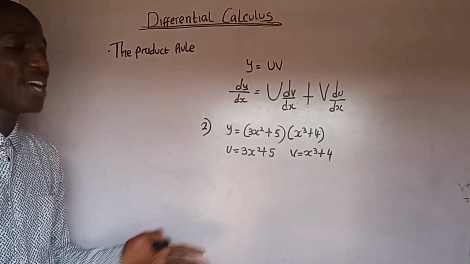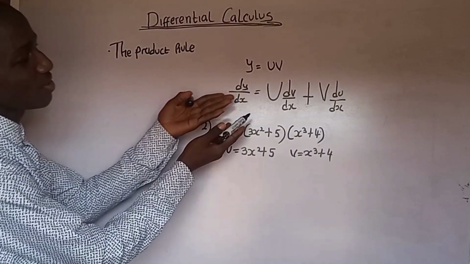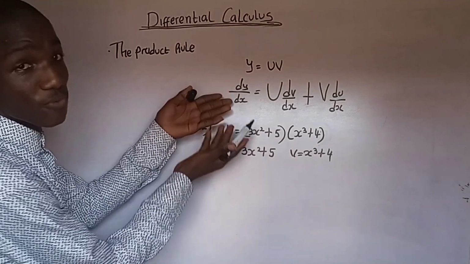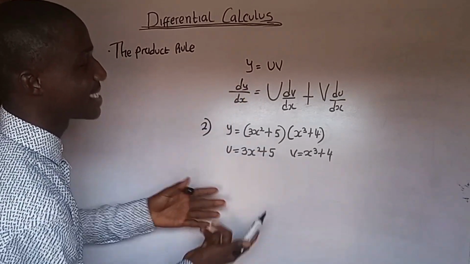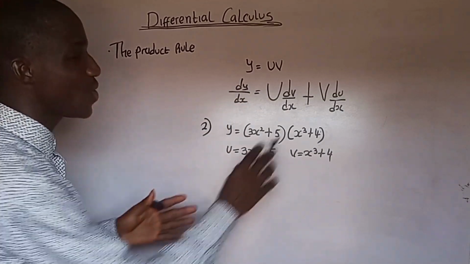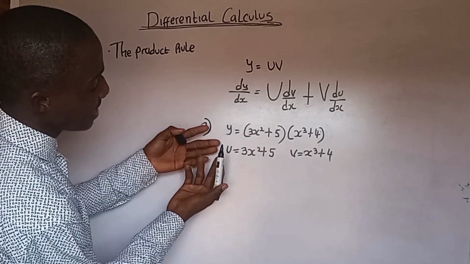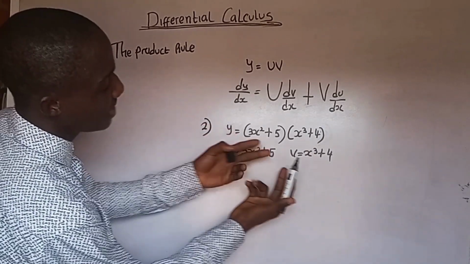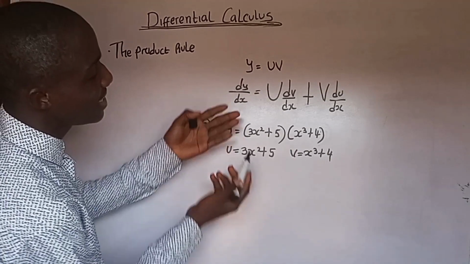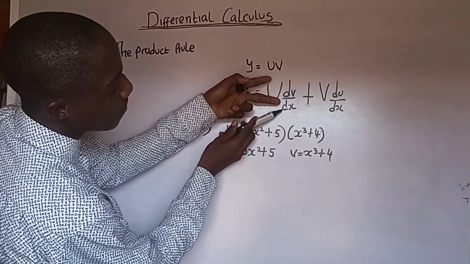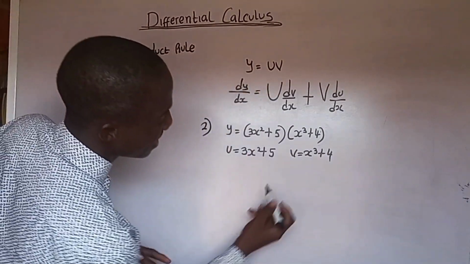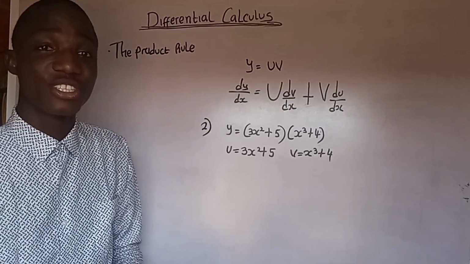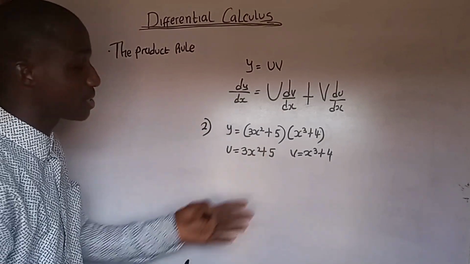Now, after identifying your u and v, you look at your formula, which is the product rule formula. We have u dv over dx plus v du over dx. You have identified your u. You have identified your v. The next thing is to find the differential form of v, which is dv over dx. Now, using the power rule of differentiation, let us differentiate v with respect to x.